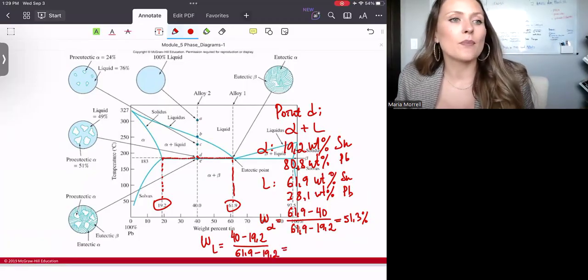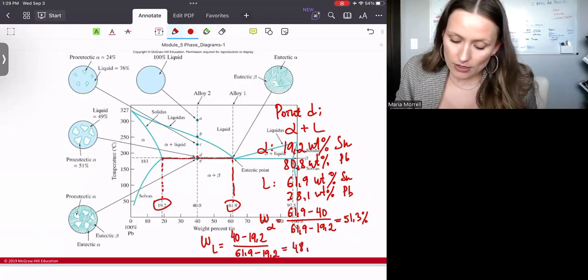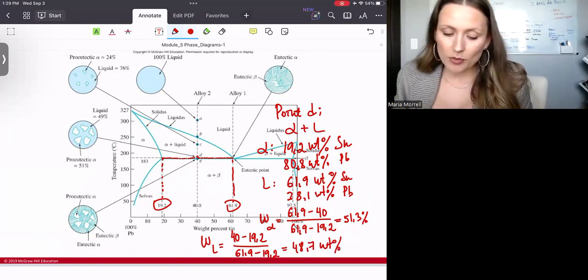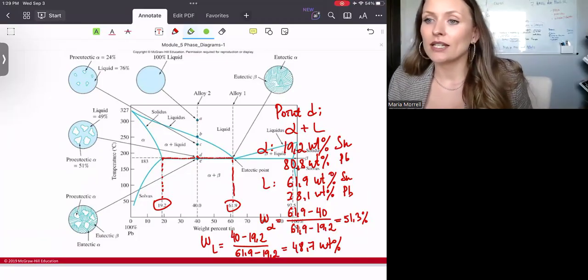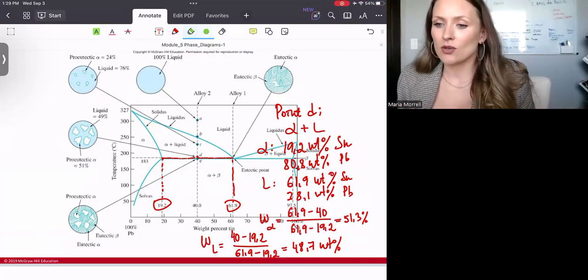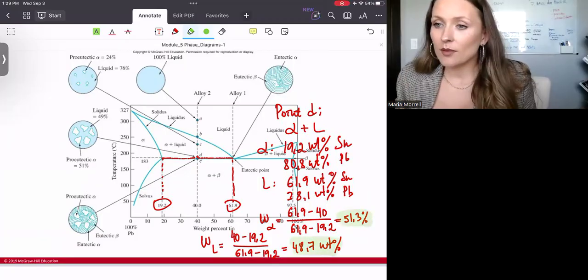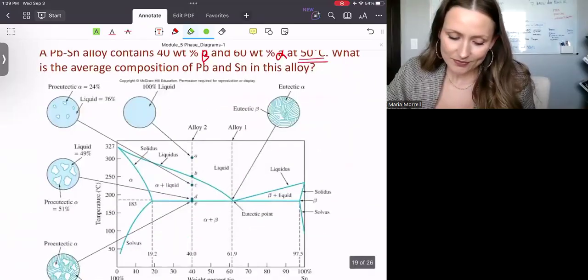You will notice that the denominator remains the same, and then the answer would be 48.7. Now, before you move on, especially if you are completing a graded assignment, please make sure that the numbers add up to 100, right? Because if the numbers do not add up to 100, that's one of the ways to spot a mistake before submitting it to me, right?